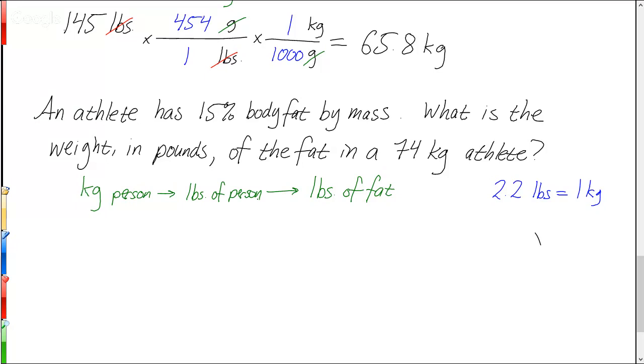And then pounds of the fat using that 15% idea. You could also do it the opposite way, and you could say kilograms of person to kilograms of fat, and then pounds of fat, and do that conversion second.